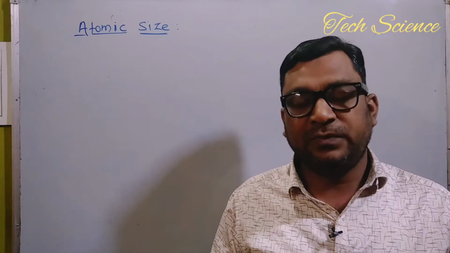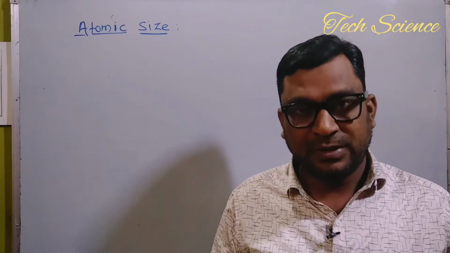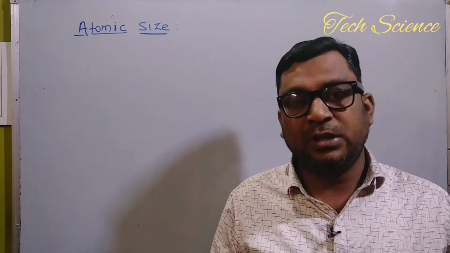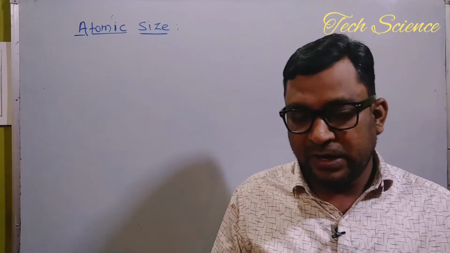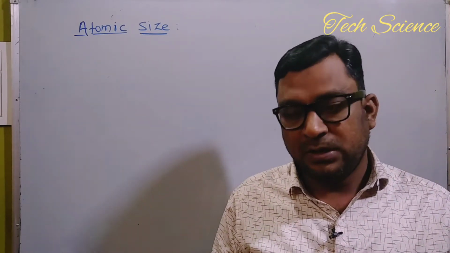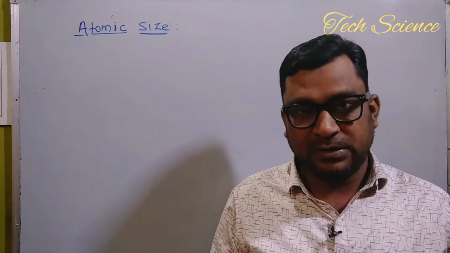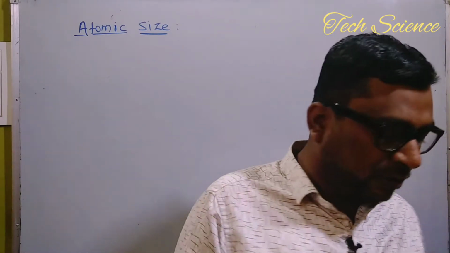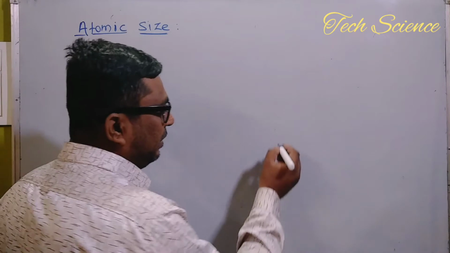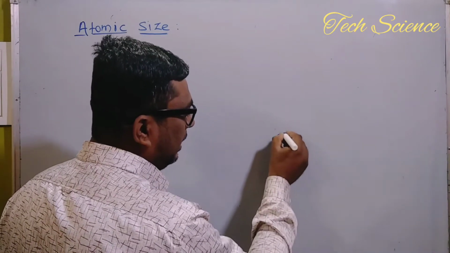For the atomic size, we must know the structure of an atom. I already uploaded a video regarding the structure of an atom. If you didn't see the video, please follow the link given in the description. In short, in an atom there are two things.